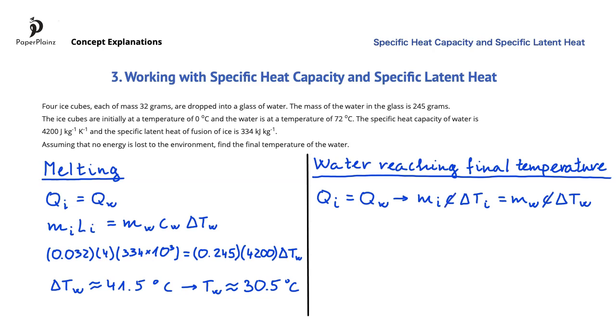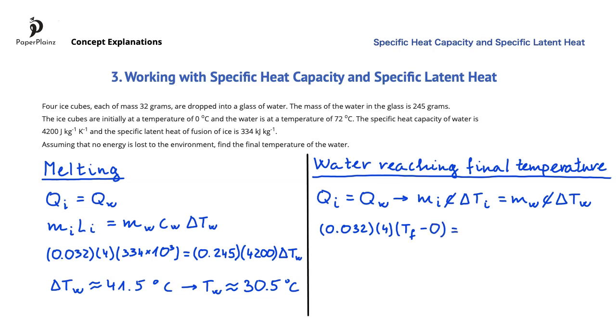The mass of the ice, as we've seen before, is 0.032 times 4, and this is multiplied by the ice water's temperature change. We know that the temperature of this ice water will end up at the final temperature, which I will name Tf. We also know that right after melting, the initial temperature of this ice water is 0 degrees. So the change in temperature of the ice water is the final temperature, so Tf, minus the initial temperature, which is 0 degrees.